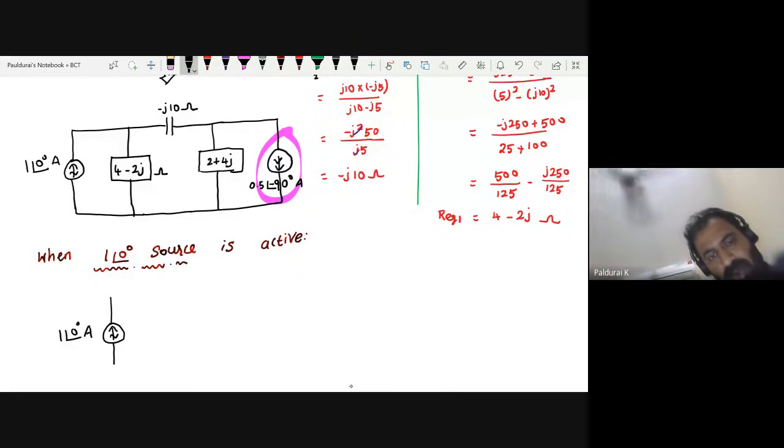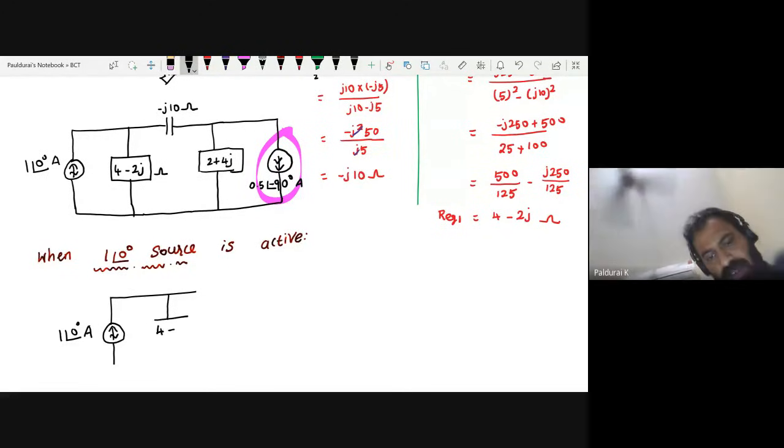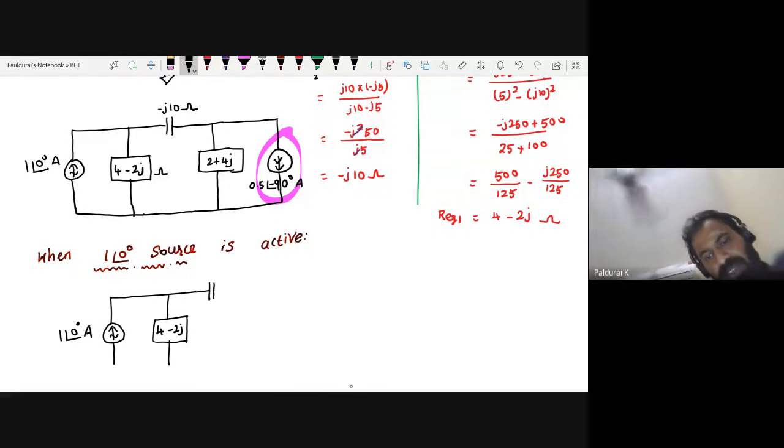My question is, is it a current source or a voltage source? Current source. That's why you replace it with an open circuit. If it is a voltage source, then you replace it by a short circuit. That concept you know, right?